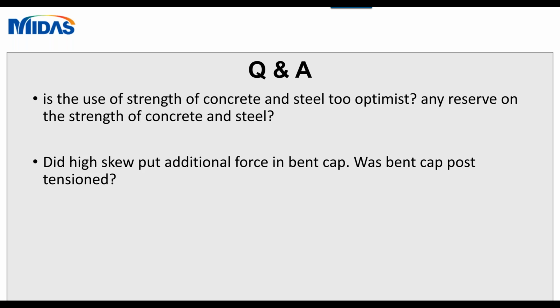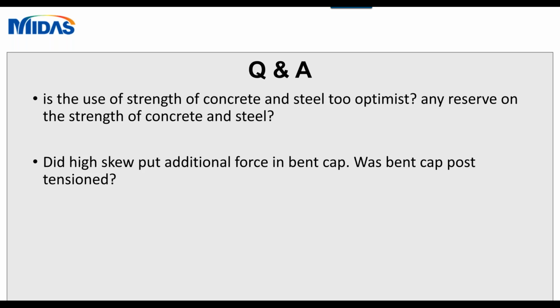In the spine model, the skew is very difficult to evaluate. Sometimes we have to apply some additional factors that depend on the skew angle. In this case, you model the whole bridge, so that is already accounted for in the analysis.